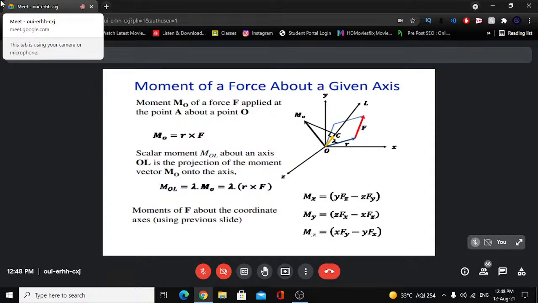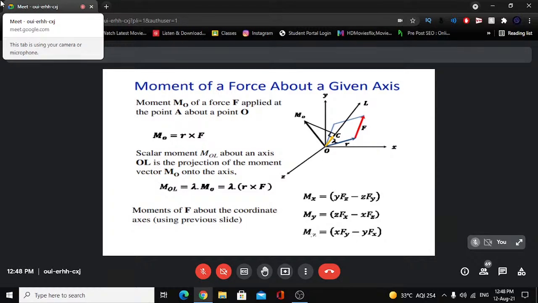Now another very important exercise, which we require in space trusses, is to get the moments of forces about an axis. So this is also a very important exercise. Let's discuss this. Now there is a force vector F acting at some point, say A, whose position vector is expressed by R. So the moment about O passing through the origin is R cross F. Now here our task is to find the moment of this force about an axis OL, which is represented by a unit vector lambda.